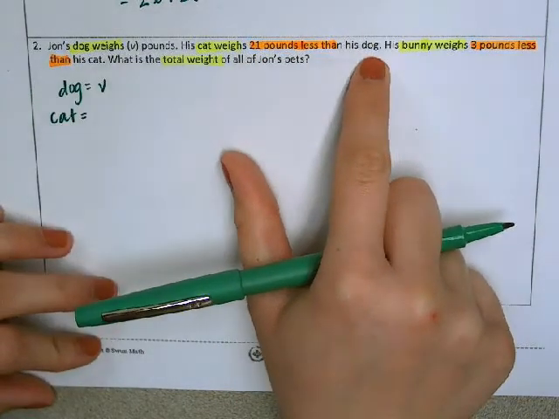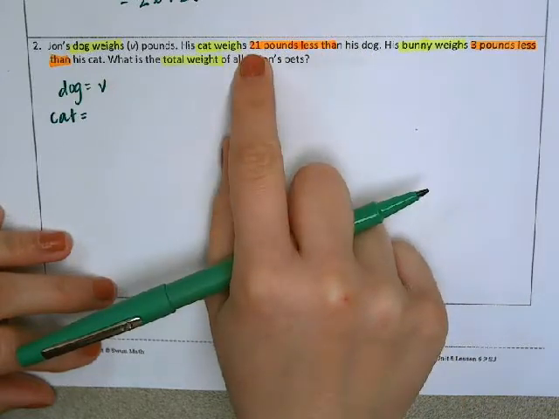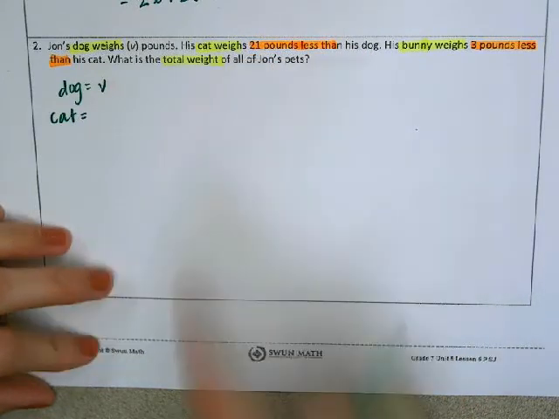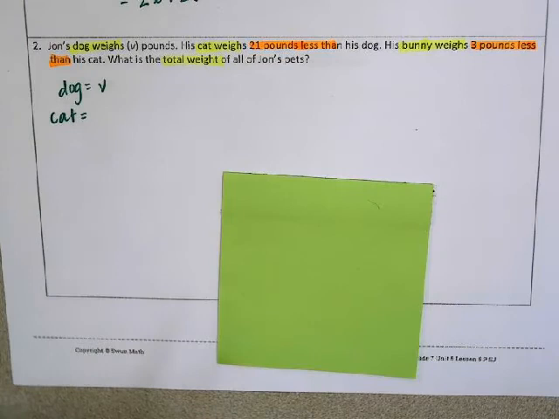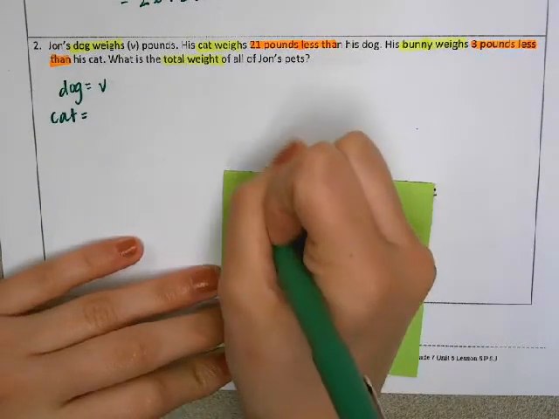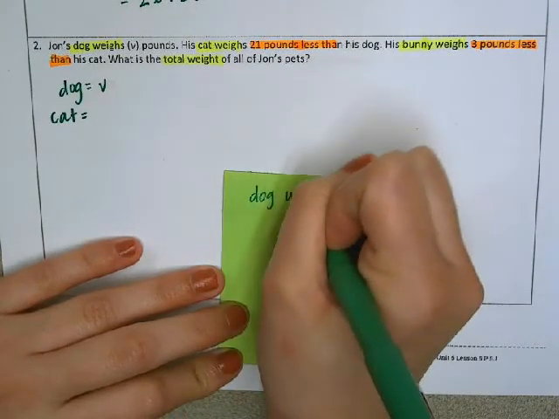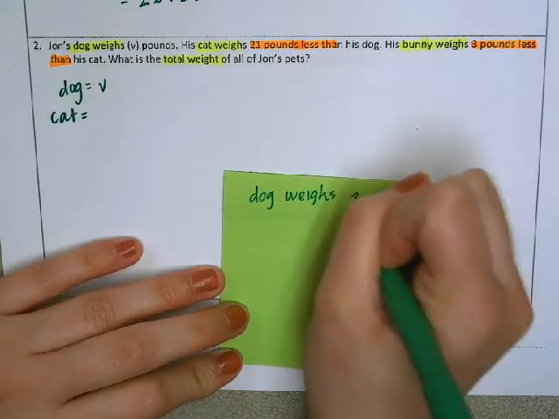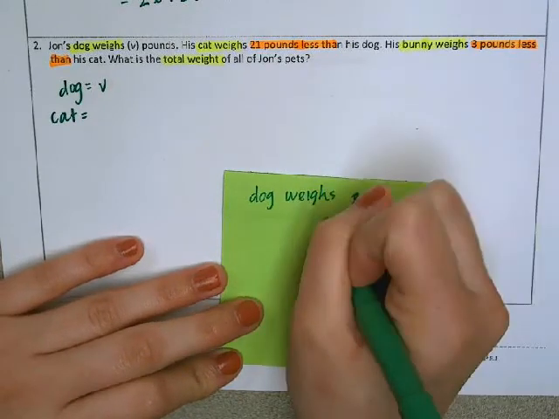So let's write cat equals 21 pounds less than the dog. So let's take the dog and subtract 21 pounds, right? Because let's say the dog weighs 50 pounds.